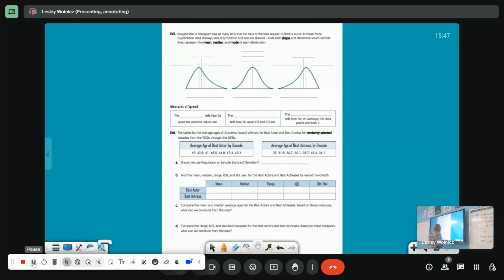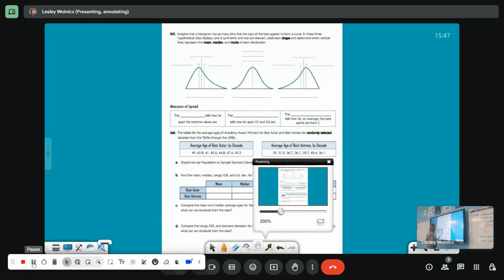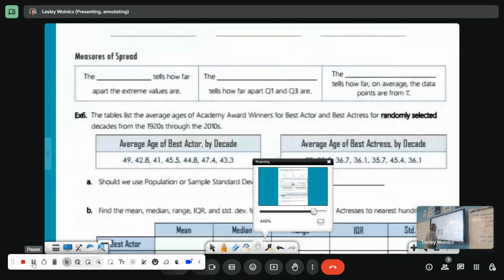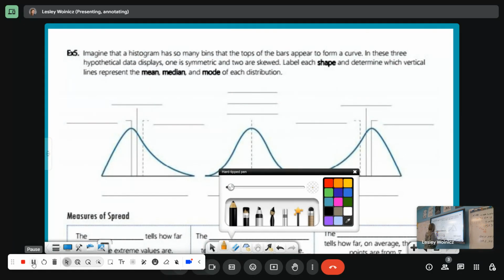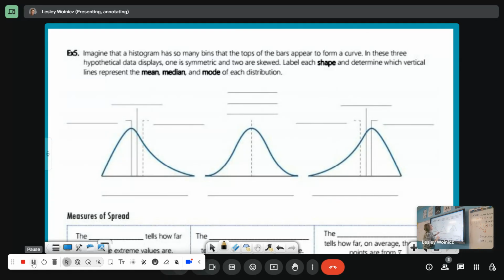Okay. We're going to label these cute little lumps. Here we have a couple of different distributions for data. You can imagine that like a histogram with the little vertical bars. If you imagine they have infinitely many bins so that the tops of the bars appear to form a curve, you make the bins narrower and narrower until the width of the bin is non-existent.